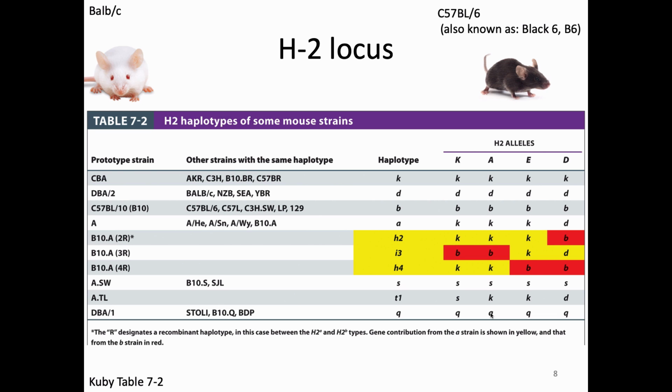Here it's K of B. They also decided that they have D of B, L of B, IA of B, and IE of B in the black 6 mouse. In fact, since they're inbred, they have the same thing on each chromosome. You can see that here in the C57 black 6, they've got a B for everything.